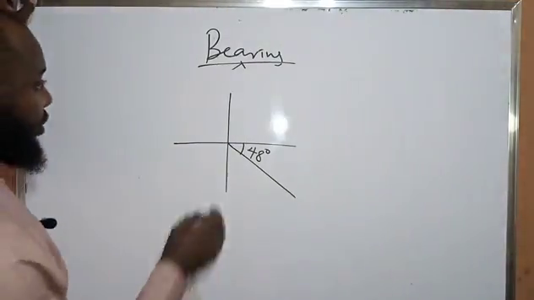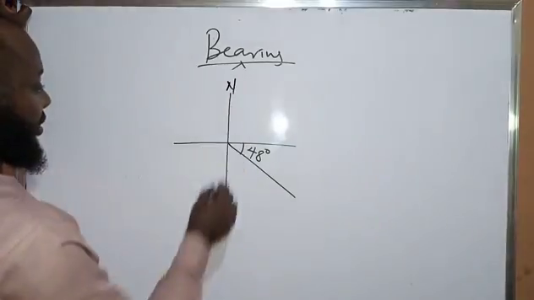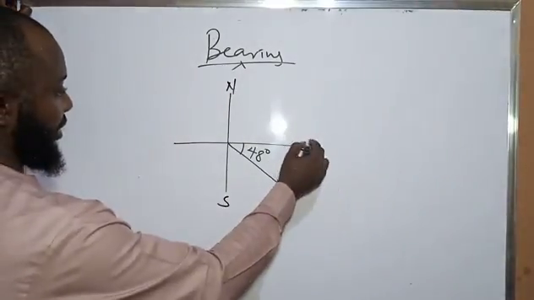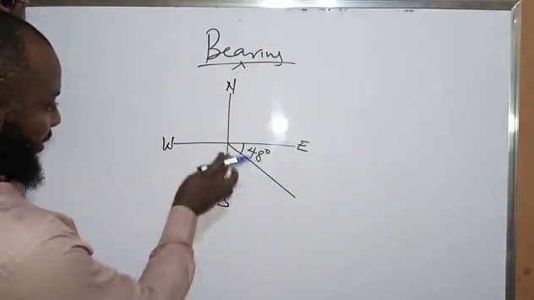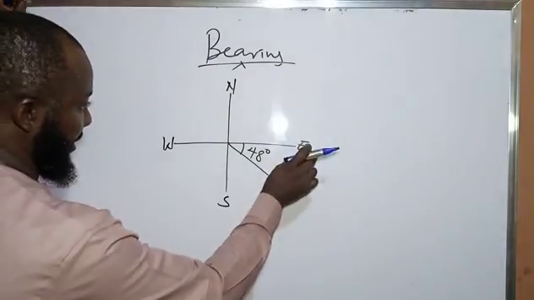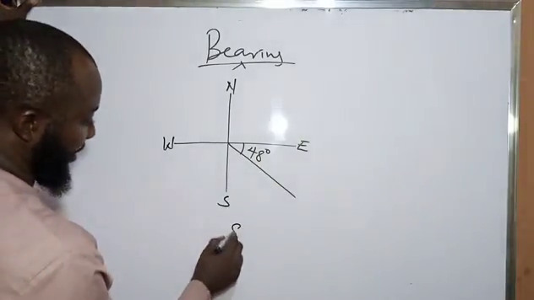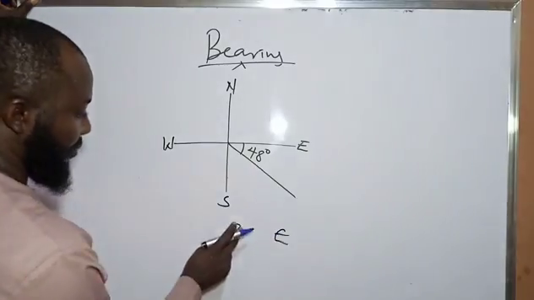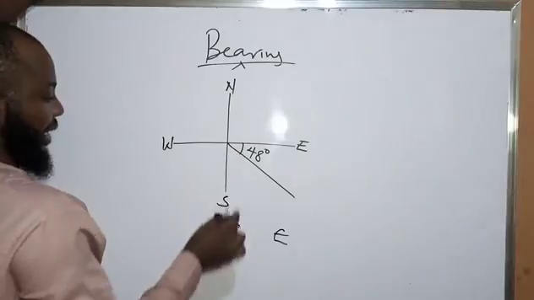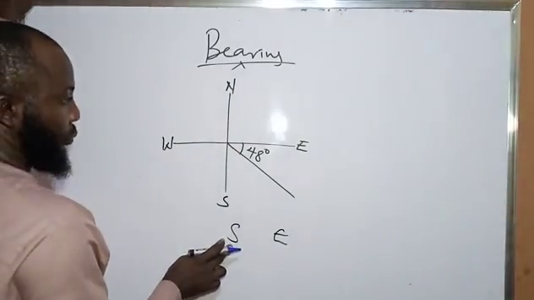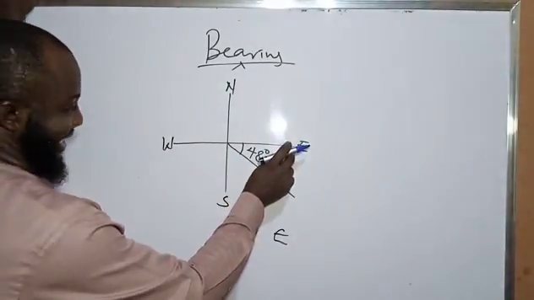So the first thing you need to do is to label the north, the south, this is the east, and this is the west. So in that case, this line falls between south east. So it means the answer will be south east. It now remains the degree that will be here. Don't forget, we start from the south and move toward the east.